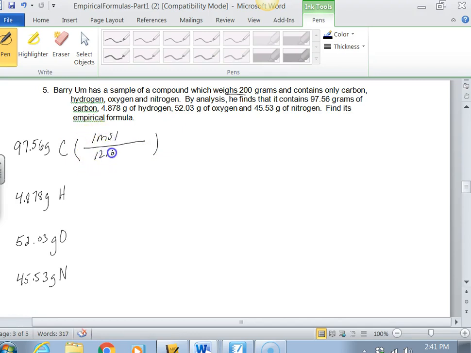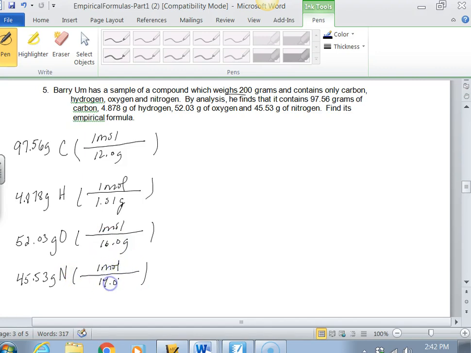1 mole, 12.0 grams. 1 mole, 1.01 grams. 1 mole, 16.0 grams. And 1 mole, 14.0 grams. That gives, for carbon, 8.13 moles.